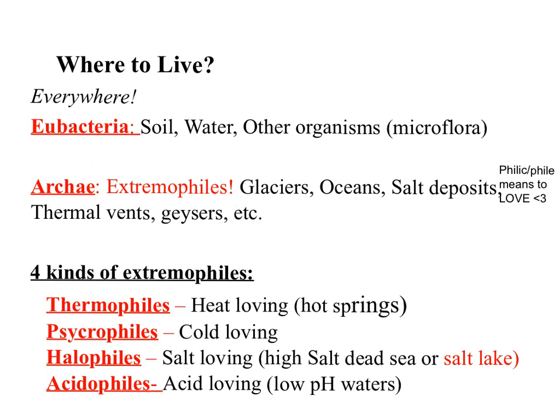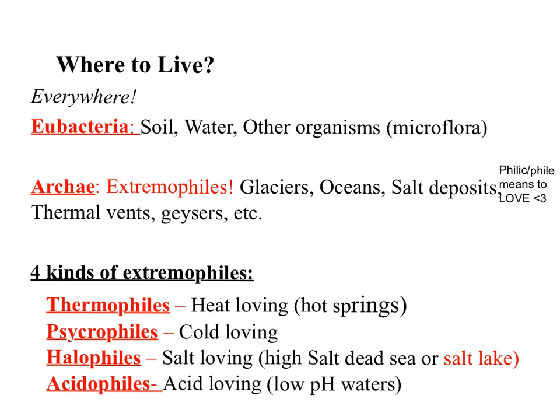I mentioned that earlier, which means they love extreme conditions. Philic or phile means to love. So they're extreme lovers. Glaciers, oceans, salt deposits, thermal vents, geysers, whatever, they love those extreme conditions that other organisms would not be happy in.